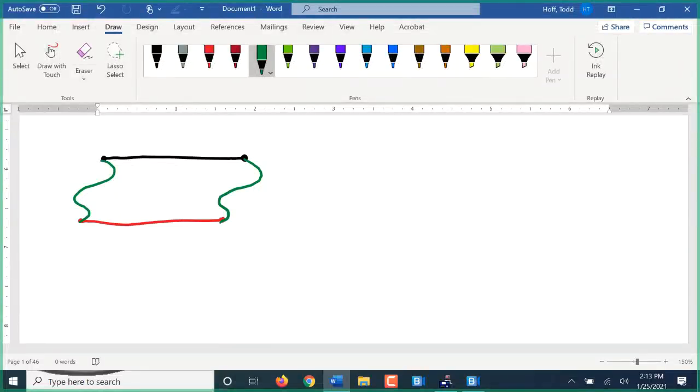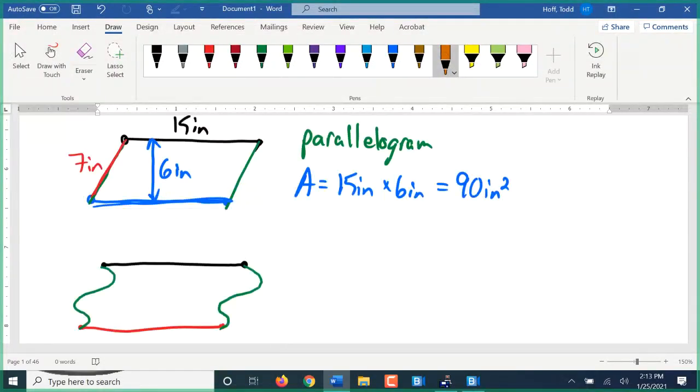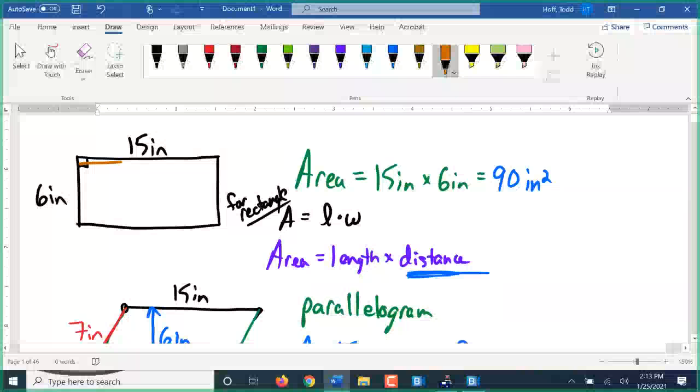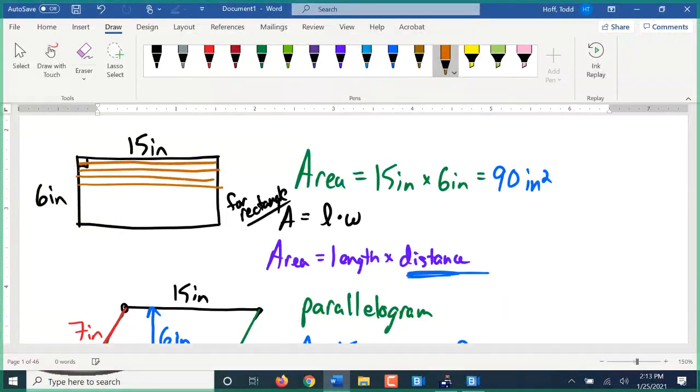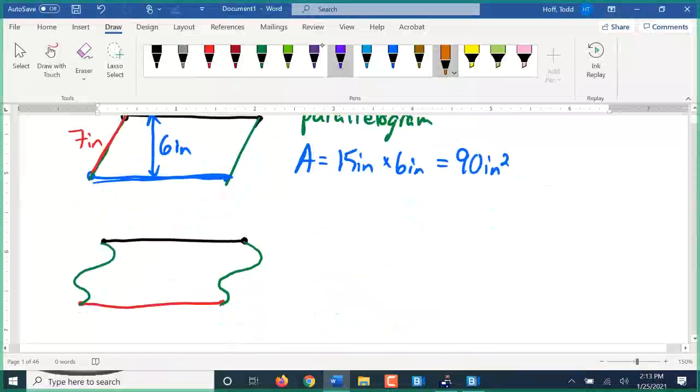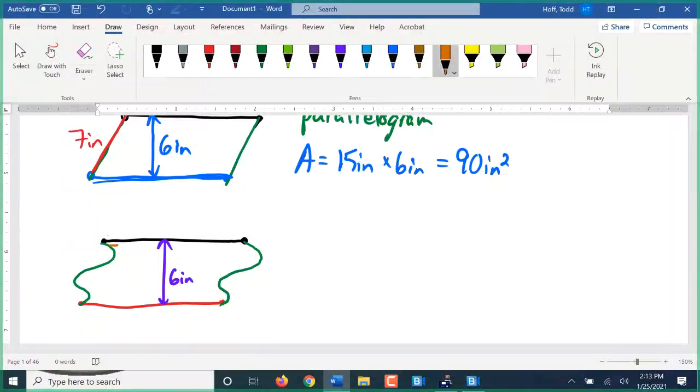Well, think of this as like a stack of papers, or a stack of really thin rectangles. If I go back up here, this is just a stack of really thin rectangles here. Get down to that 6 inches, right? Well, down here, if this is still 6 inches, think of this as a stack of really thin rectangles, or the stack of papers, however you want to think of it.